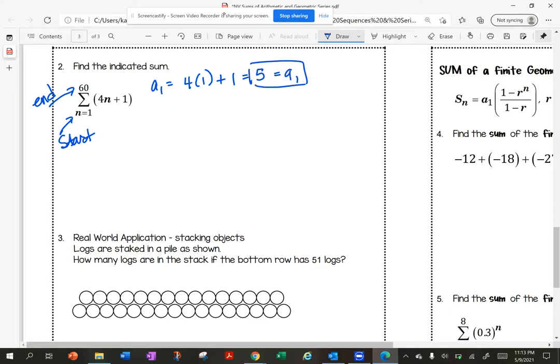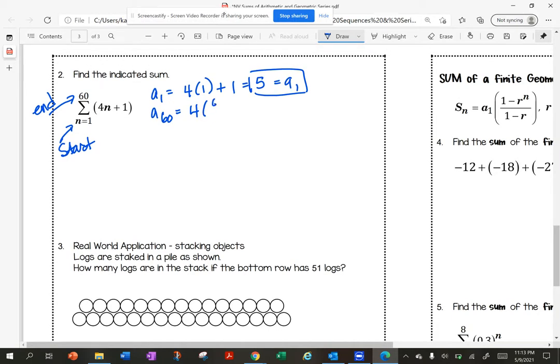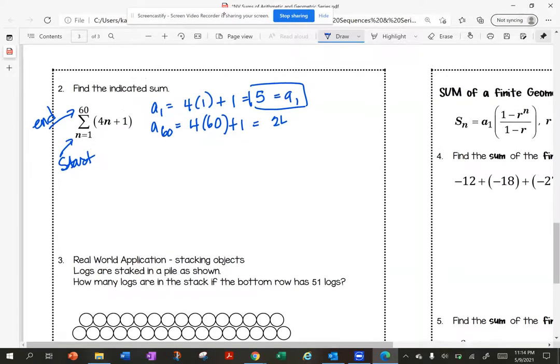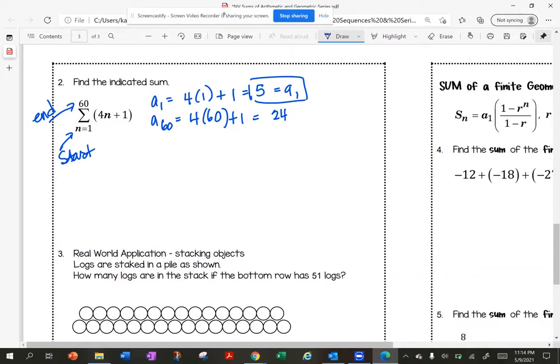And then my 60th term is going to be 4 times 60 plus 1, which is 241. So this is my 60th term.